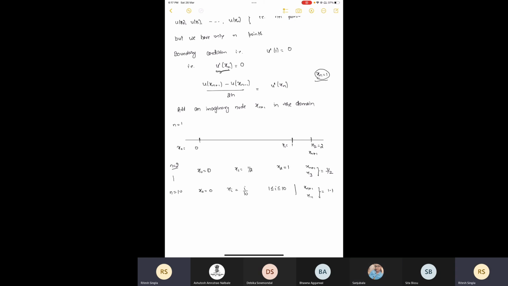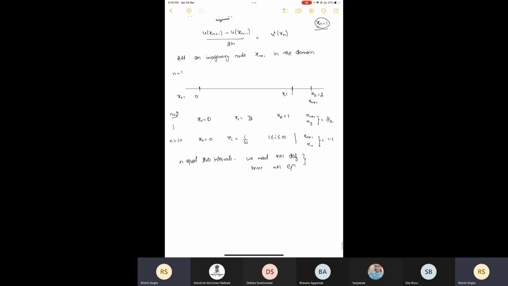What I'm saying is initially our domain is just 0 comma 1. And we were dividing our domain into n equal subintervals. To divide it into n equal subintervals, we need n plus 1 degrees of freedom, you can say, hence n plus 1 equations. But we were not getting that.